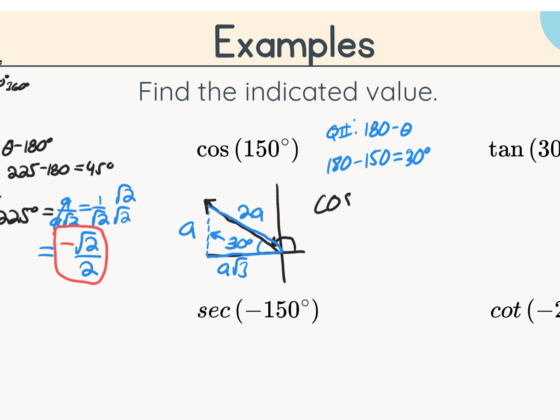So I know that cosine of 150 has to be the adjacent over the hypotenuse. In this case, the adjacent is A square root of 3, and the hypotenuse is 2A. So I have A square root of 3 over 2A. The A's cancel out. This is going to get us square root of 3 over 2.